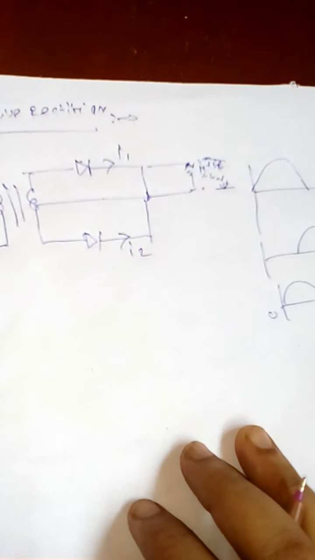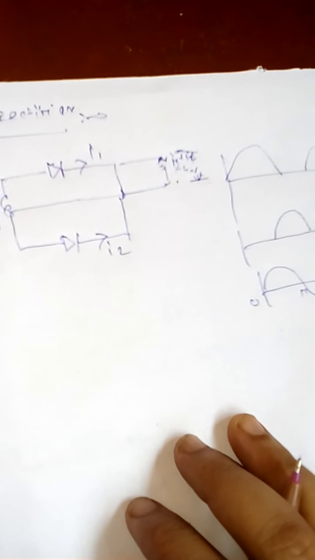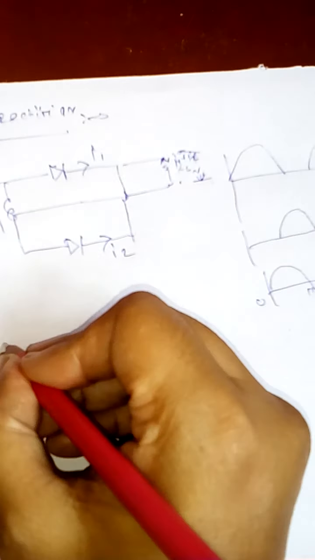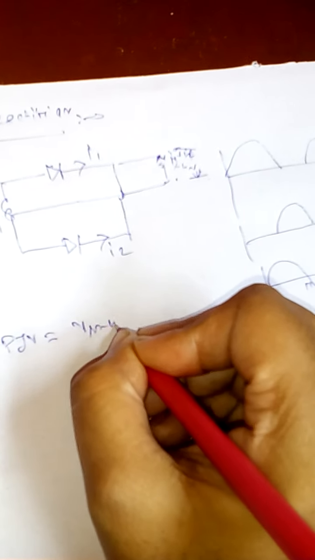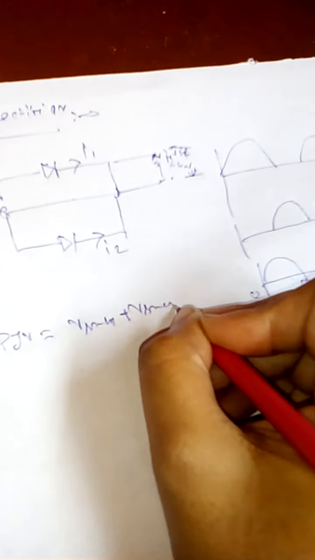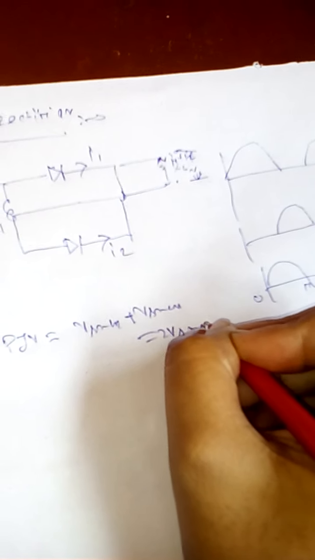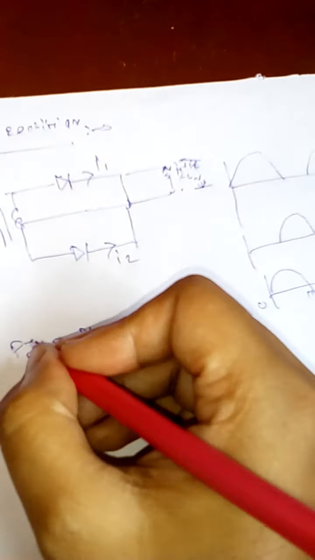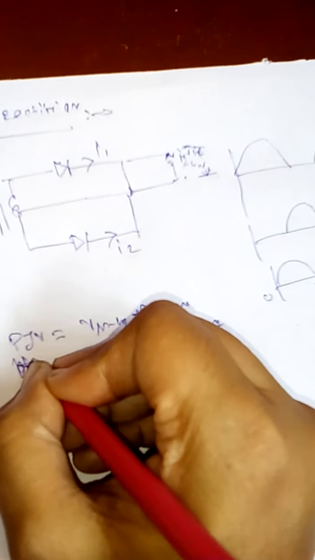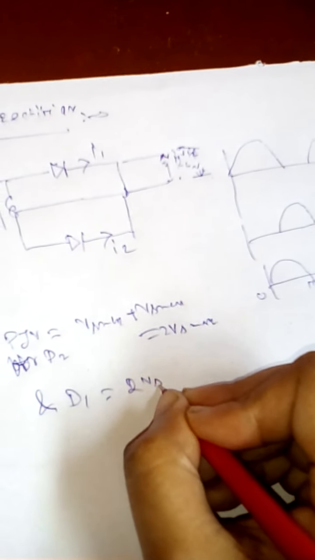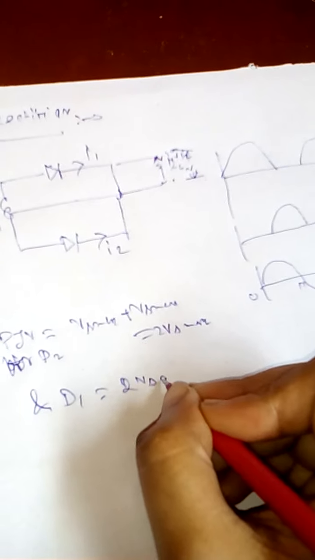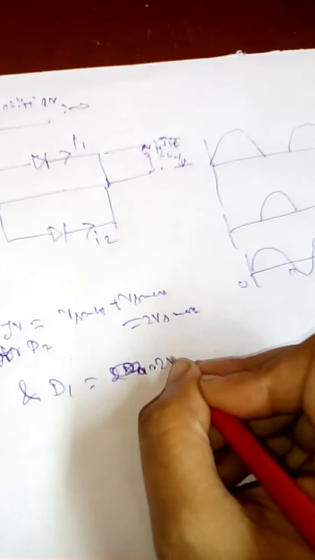So for the PIV of D1, the peak inverse voltage equals V max plus V max, equal to twice V max. The same for D2, and for D1 this remains 2V max.